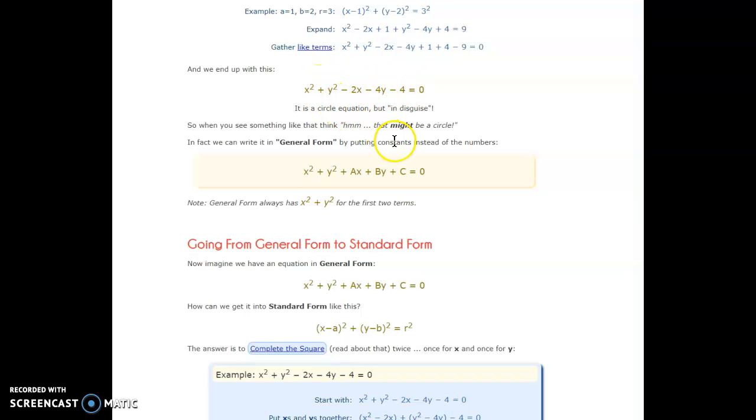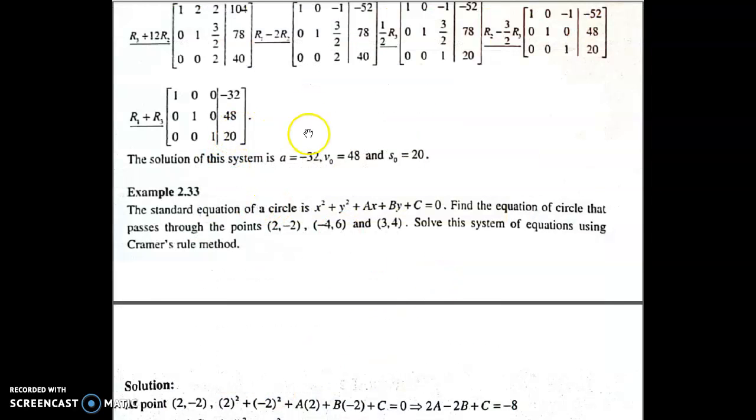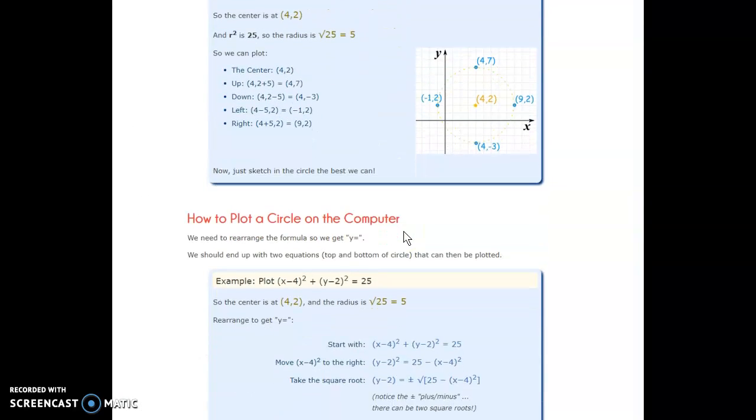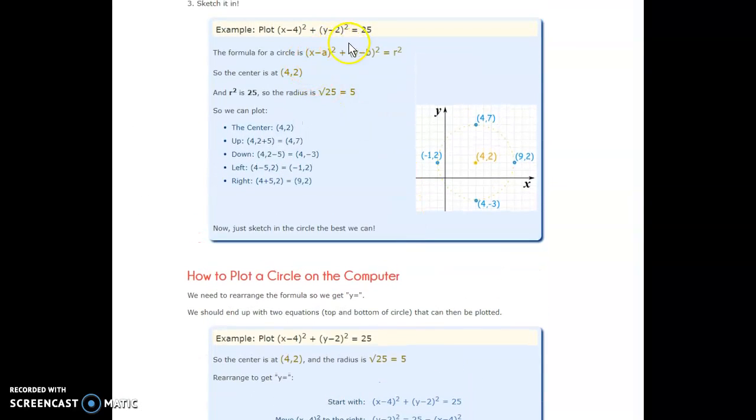Then the next part of the question says that they want us to find an equation that passes through these points. Now what does it mean by that? Let's look at another example. Okay, now as you can see here, this is an equation after they simplify it from the general form, and this actually represents, if you try to plot it in a graph, this circle.